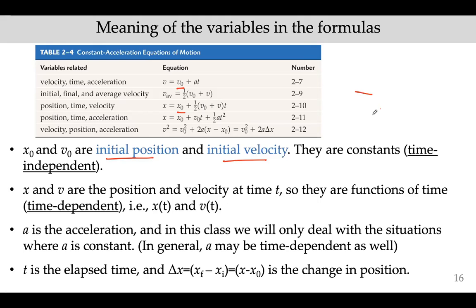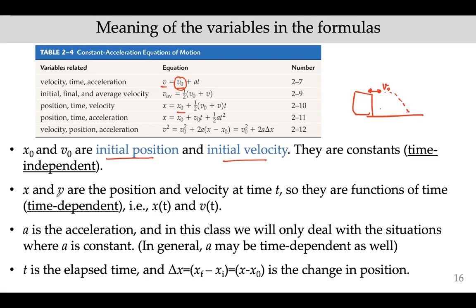Let's say you have a building and then you throw something with some initial velocity, v0, and then it falls like this to the ground. During the motion, the time will change, the velocity will change, but the initial velocity that you throw it with will not be changing. So these are constants.